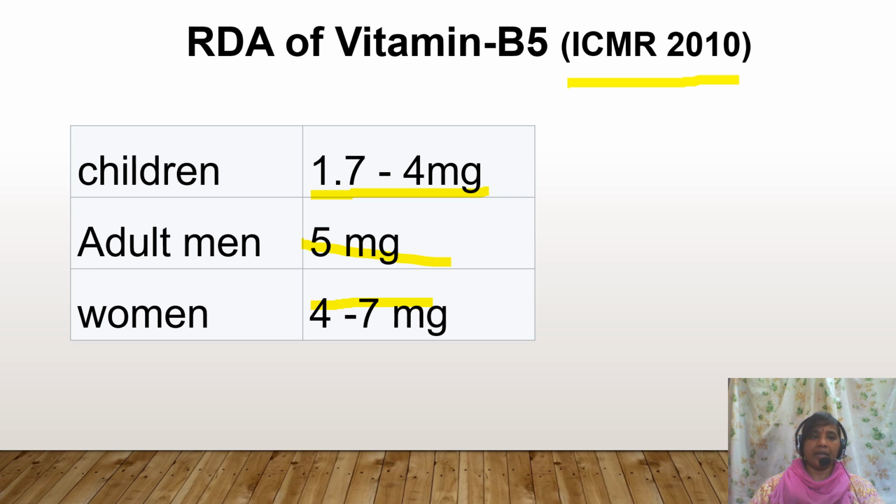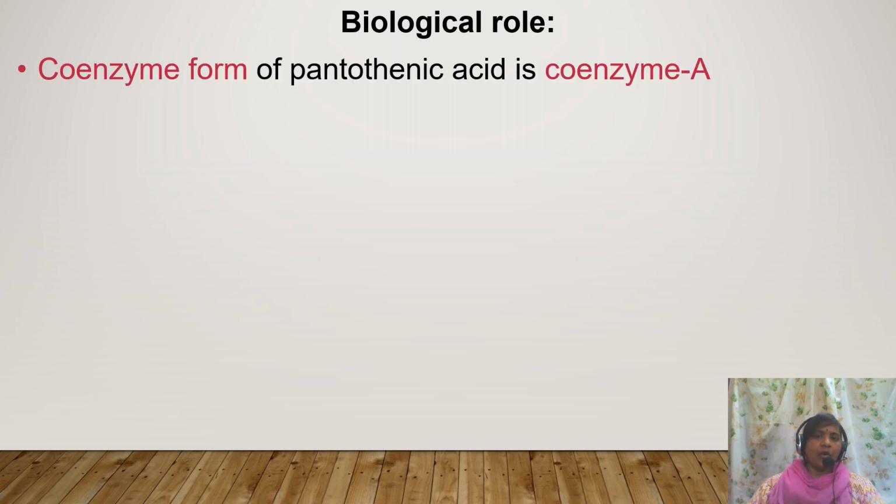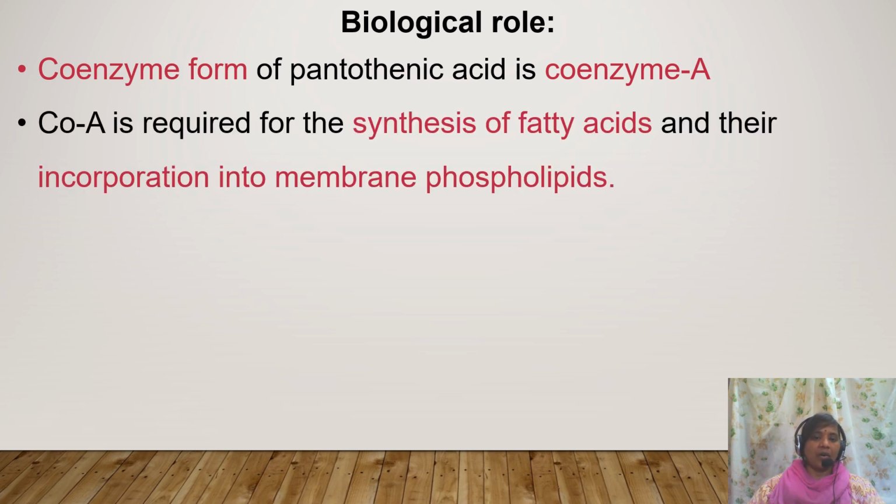Now if you look at the biological role of this pantothenic acid or vitamin B5, the coenzyme form of pantothenic acid is coenzyme A, or in short it is called CoA. CoA is the coenzyme form of vitamin B5 or pantothenic acid.